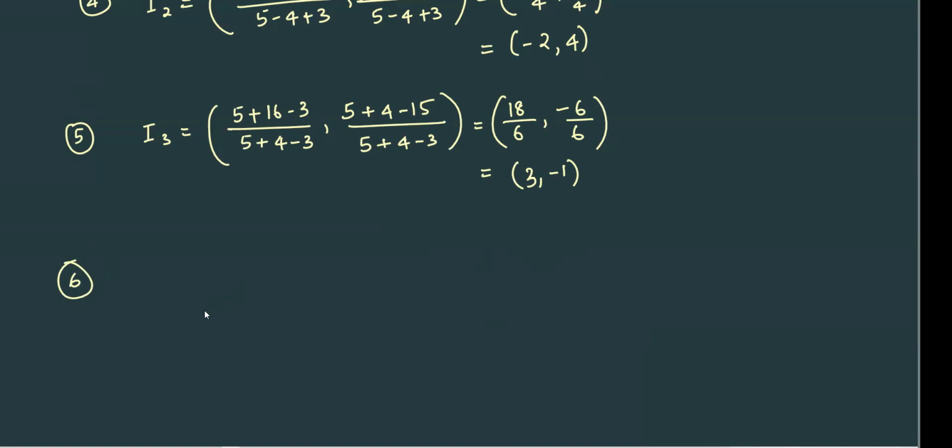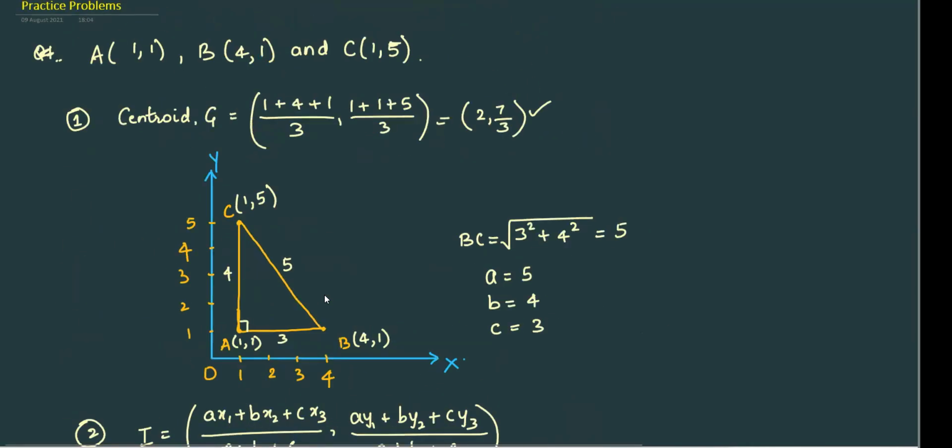Next, orthocenter. Now we don't have a formula for orthocenter. Now you have to use logic for orthocenter. This is a very important question. First of all, if we have understood that this is a right angled triangle, then we can do it easily. Orthocenter is the point of intersection of the altitudes.